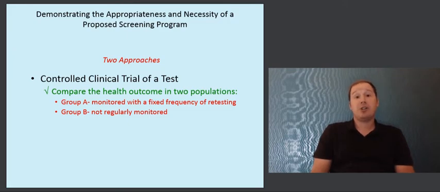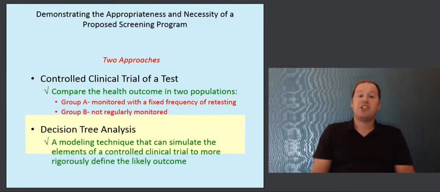That's a very good gold standard way of doing things, but often it's not available to us as a testing standard. So what people will often do when they lack the capacity to get an RCT study done is to do what's called decision tree analysis. This is a modeling technique that can simulate the rigor of a controlled clinical trial without actually having to engage in that lengthy and expensive process.